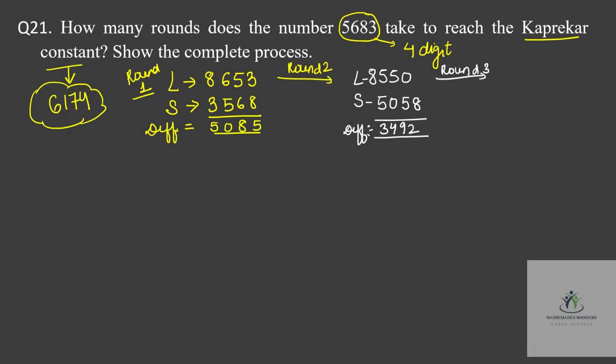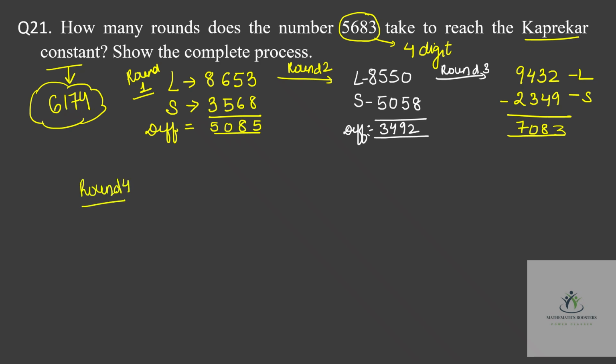So it will be 9432. This is your largest number. Which is the smallest number? 2349. The difference is 7083. Now move to round 4.